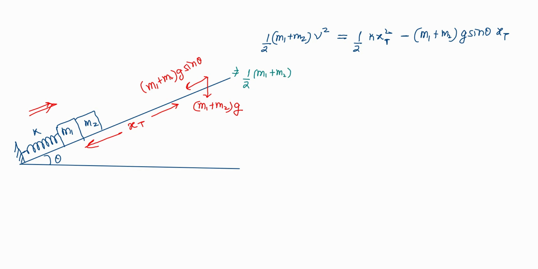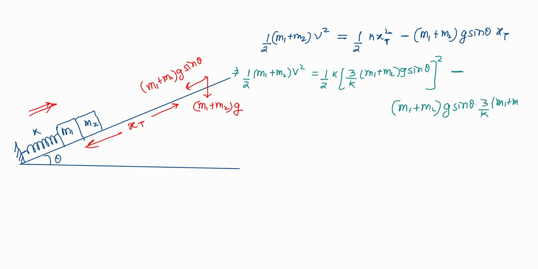Half (m1 plus m2) v square is equal to half k times xt squared, where xt can be written as 3 by k (m1 plus m2) g sin theta, minus (m1 plus m2) g sin theta into 3 by k (m1 plus m2) g sin theta.